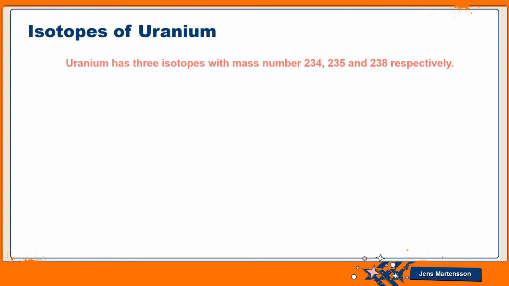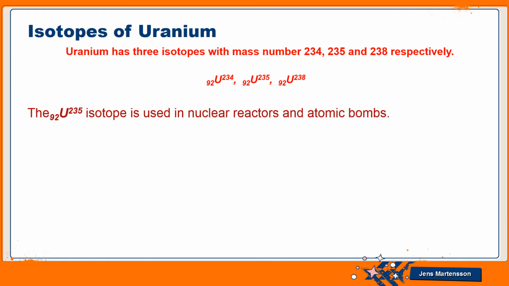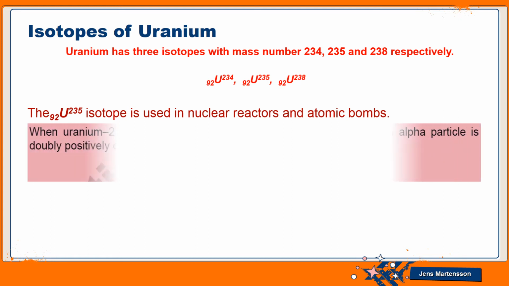Now the isotopes of uranium. Uranium has 3 isotopes: uranium 92-234, uranium 92-235 and uranium 92-238. Uranium 92-235 is used in nuclear reactors and atomic bombs.